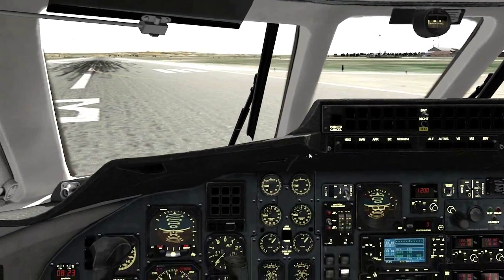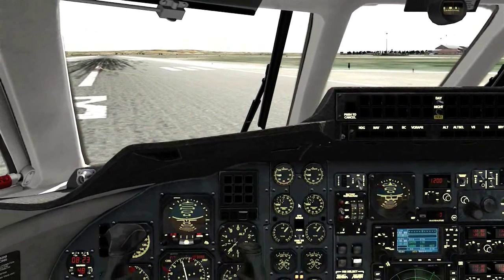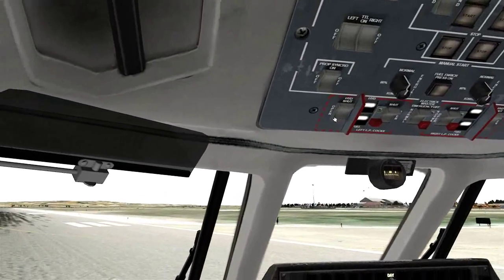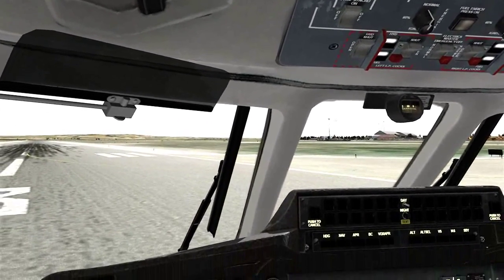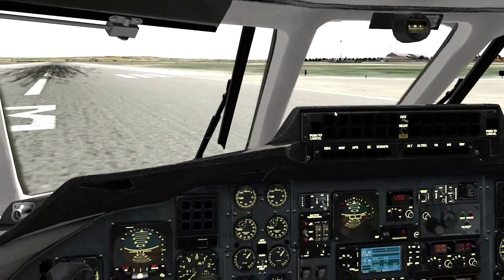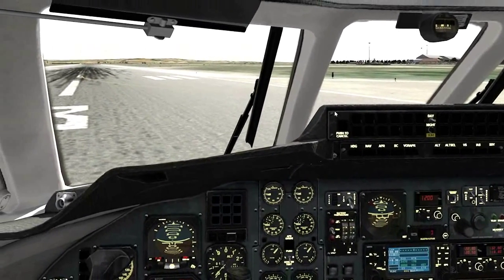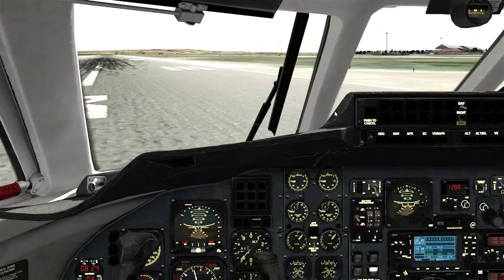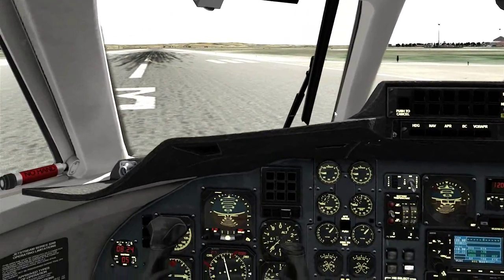But always it is good to have it on until flight level 170, because at that level the power of the engines is less, so you need more power on the plane. And that is all.